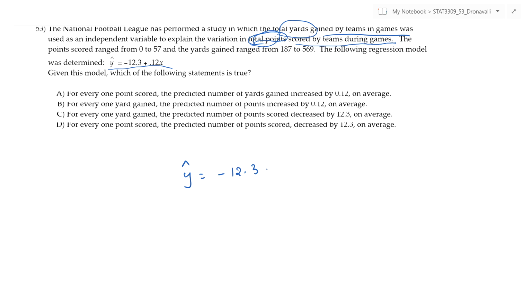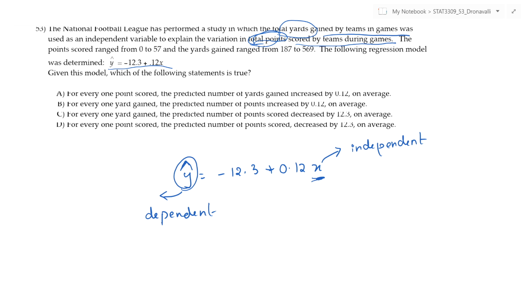y hat equals negative 12.3 plus 0.12x. So this one is our independent variable, and y hat is always our dependent variable. That's because y hat always changes whenever our x changes.